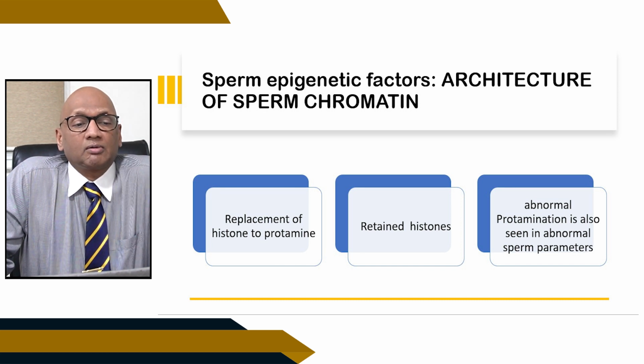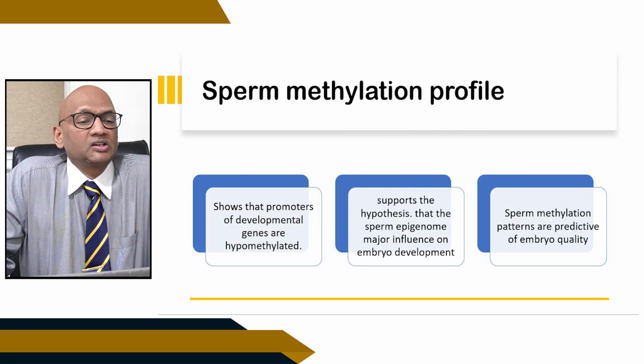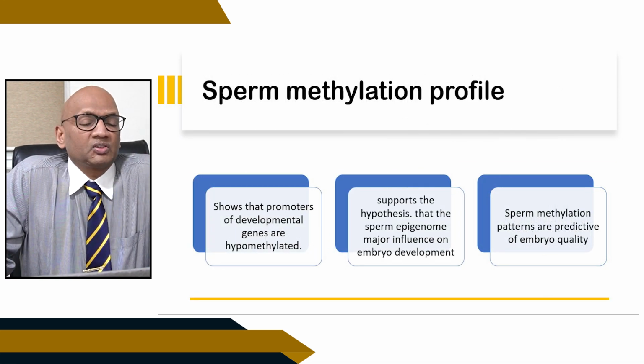So, the architecture of chromatin and understanding the chromatin diagnostic methods like chromomycin A3 and aniline blue, which we check for chromatin abnormality, are not picked up by the routine semen analysis or SCD assays.